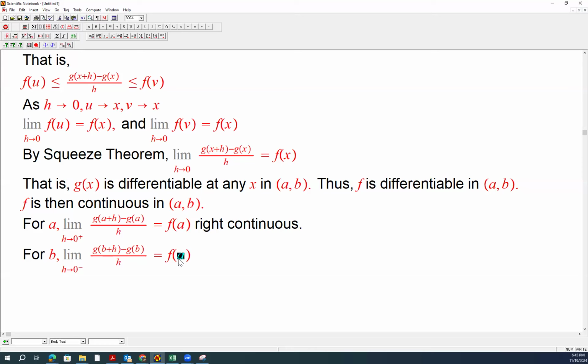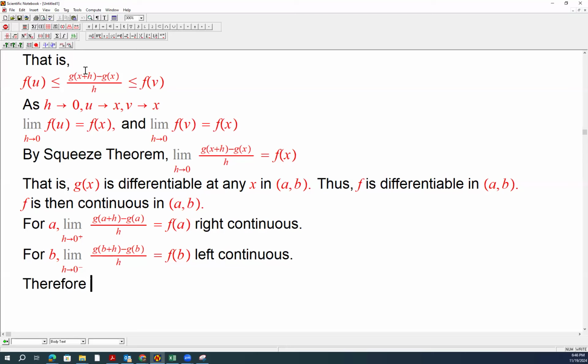So this is left continuous. All right. So that has been proved that G is continuous on the closed interval.